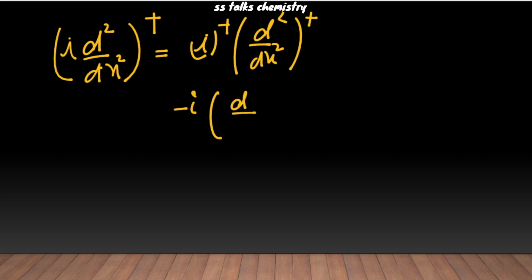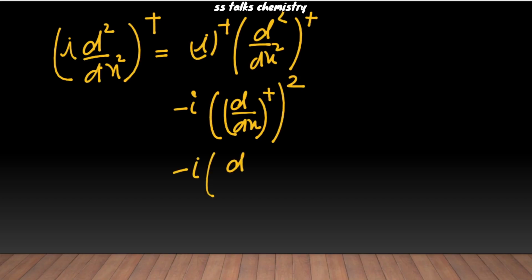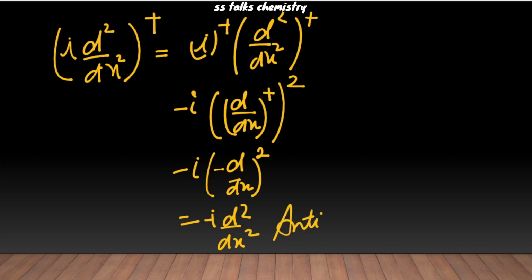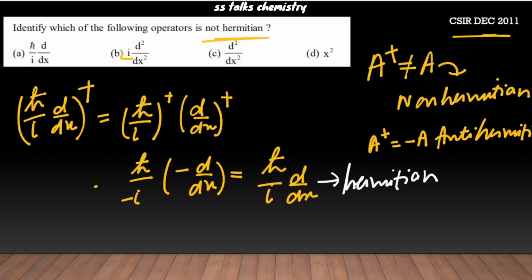This can be written as d by dx dagger and then the square of it. These properties are there. So it will become minus iota times minus of d by dx, the square of it. So it comes out to be minus iota d square by dx square. The negative sign is coming in front of it. That means it is anti-Hermitian in nature, so not Hermitian. Option B will be the right answer.